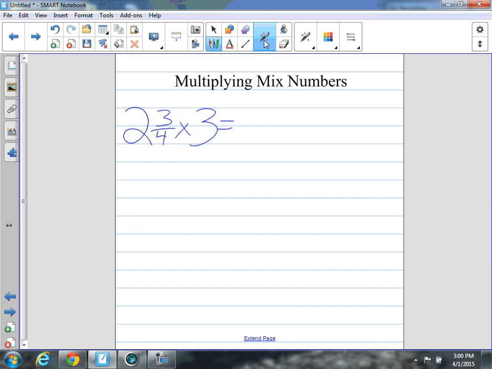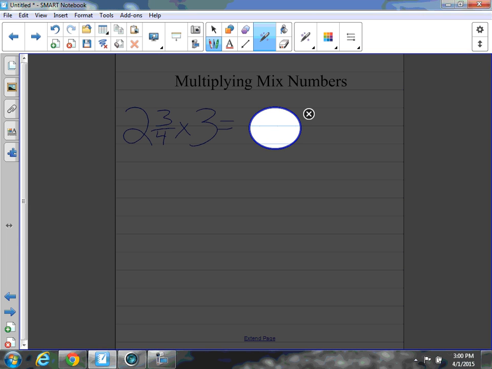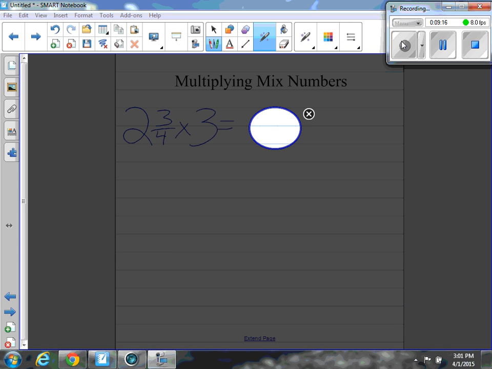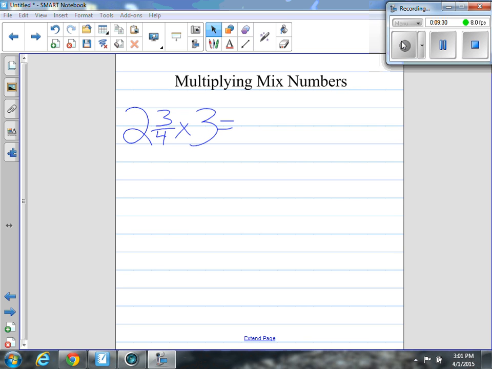I am going to be multiplying by 3. Okay. So, we are going to multiply everything times 3. I'm going to multiply my whole number times 3. So 2 times 3. Show my work. 2 times 3, and I heard someone say it, 6.